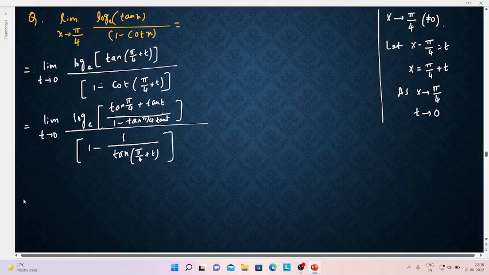So it will become limit t tends to 0. On the numerator it will be log e.